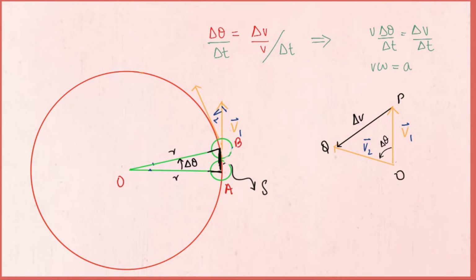As we have studied the relationship between linear and angular velocity in our previous video, we got to know that speed equals radius into omega. Eliminating omega from this equation, centripetal acceleration equals velocity times v over radius. So centripetal acceleration becomes speed square over radius, and we truly deserve a drum roll here.